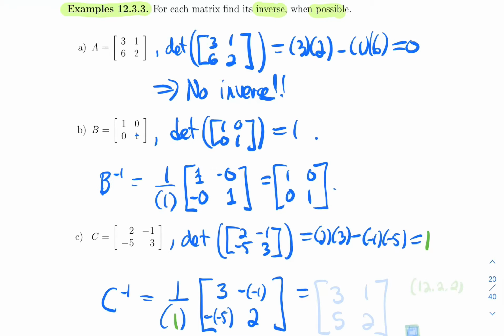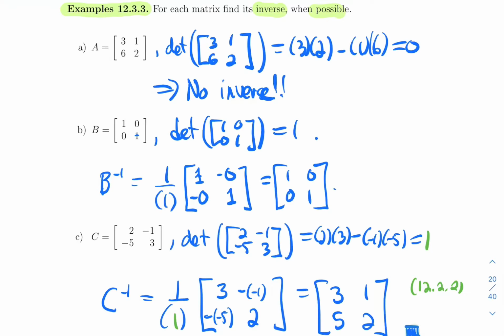So you just get 3, 1, 5, and 2, and that's the inverse. Of course, this matrix here, you might remember it from example 12.2.2. So just a small remark here.